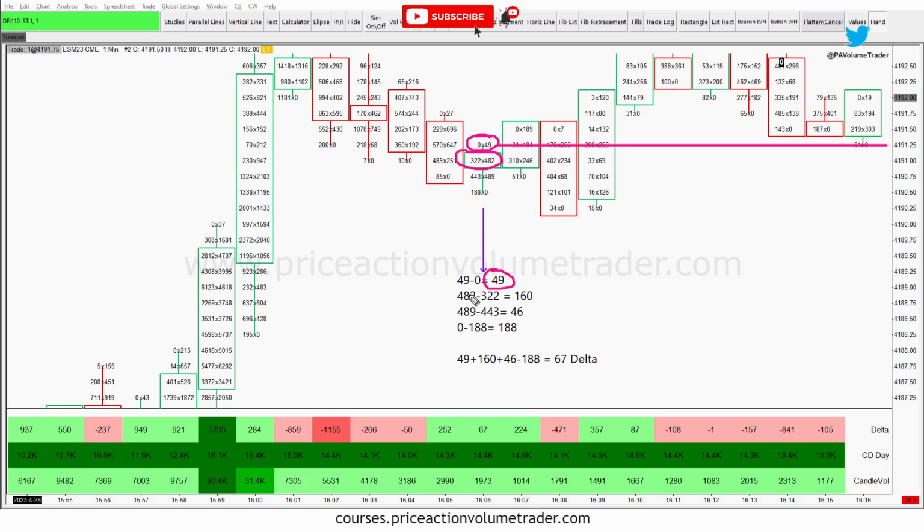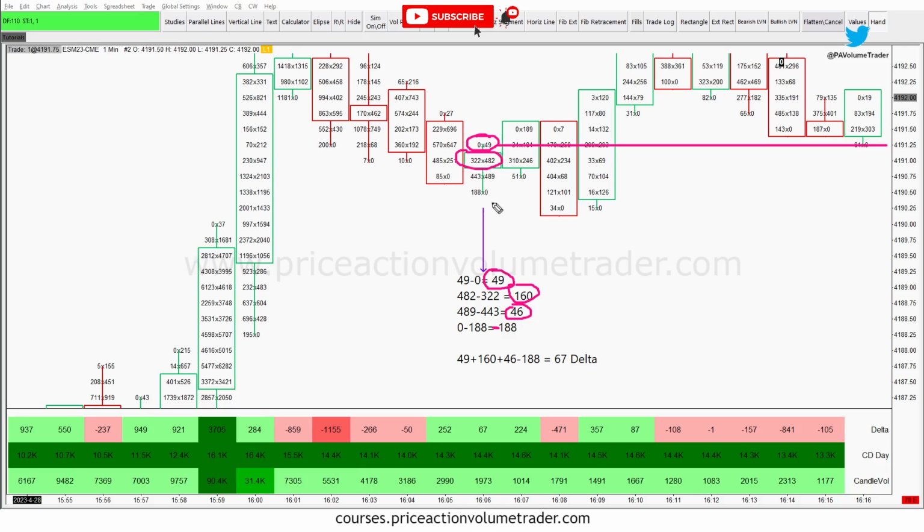Down here, 482 executed to buy minus 322 executed to sell, 160 positive delta, etc. Over here, this is negative. So we have 3 positive deltas here and 1 negative right at the bottom.